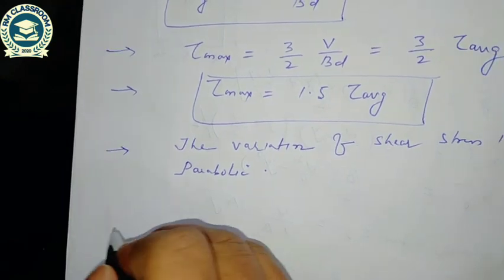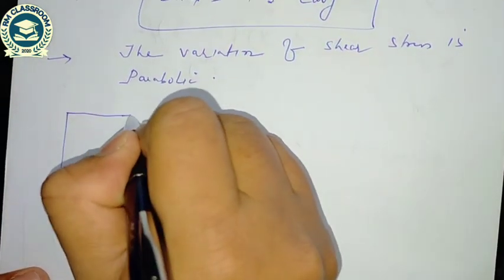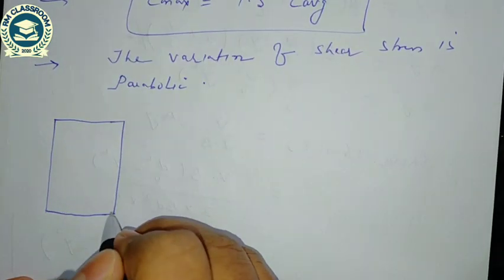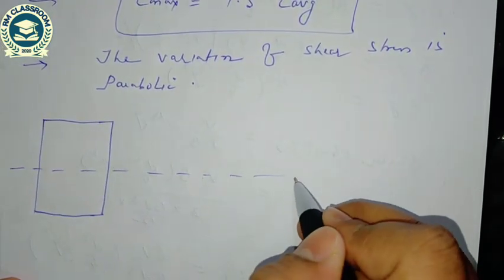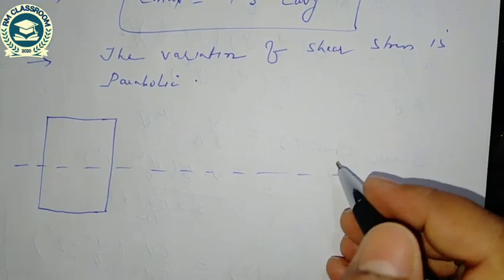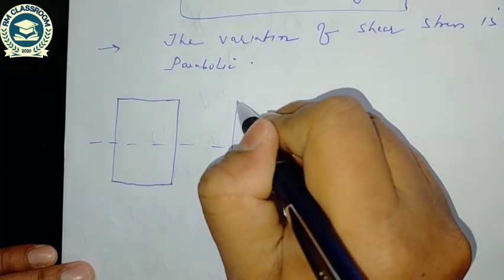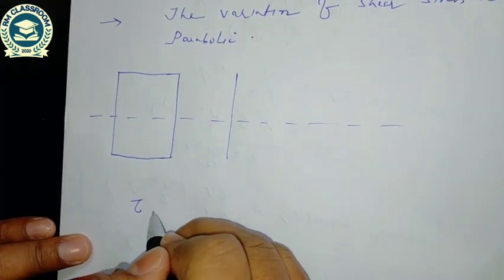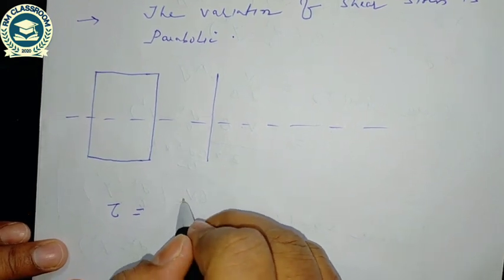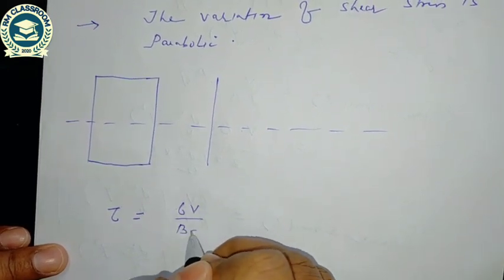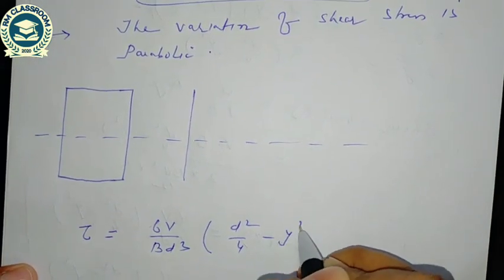So if I draw the shear stress distribution for a rectangular beam, this is the neutral axis, and at the neutral axis maximum shear stress occurs. The expression of shear stress is 6V by B d cubed into d square by 4 minus y square.